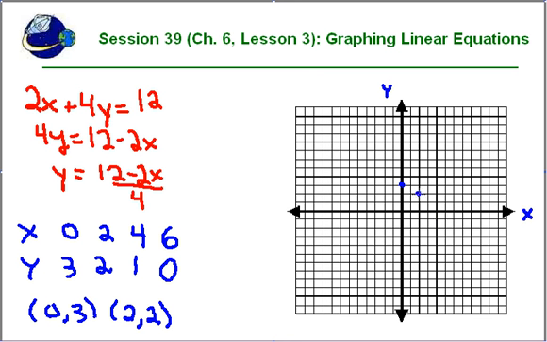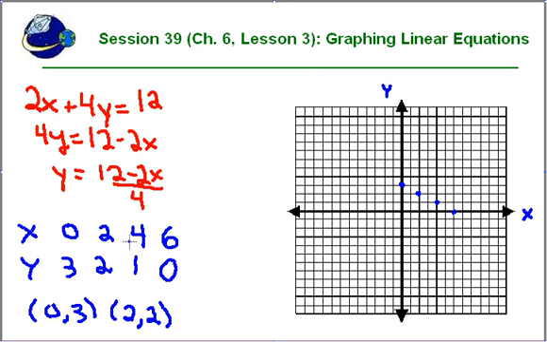Our third point is x is 4, y is 1. And our last one is x is 6, y is 0. So right there are the 4 points that are on our graph.